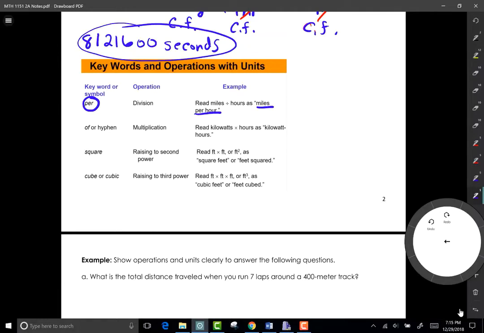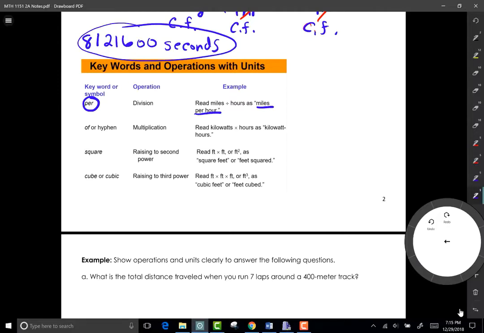So for example, if I was going 100 miles for every 2 hours on the highway, and I said 100 miles per 2 hours, I would take 100 divided by 2, and that's 50. So I would be going 50 miles per hour.